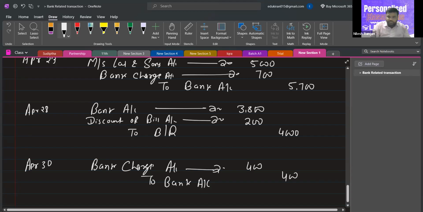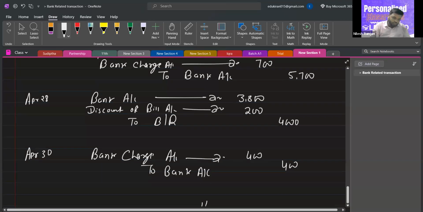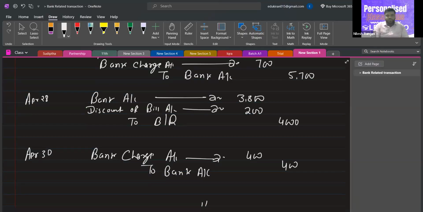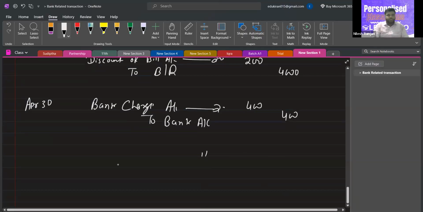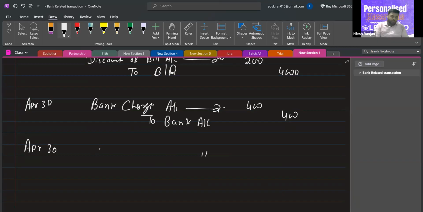And the last one is goods sold for cash 7,000 and half of the sale proceeds deposited into bank. So there are 2 entries for this transaction. April 30, we sold goods for cash. So cash account debit to sales account.